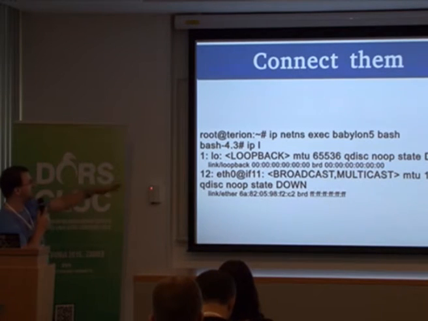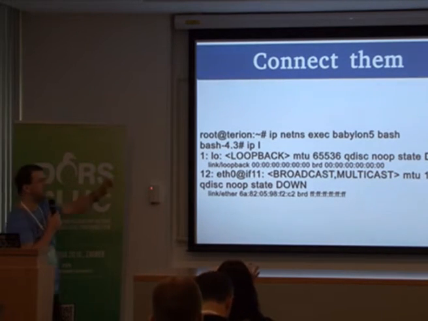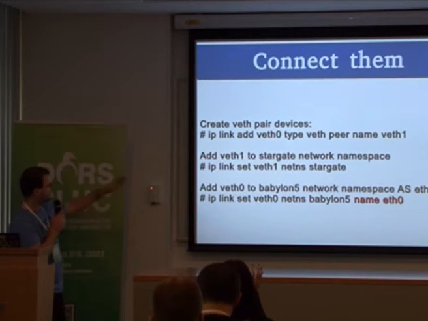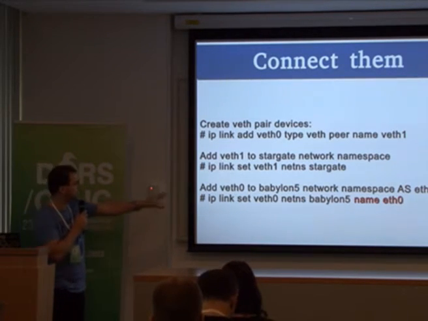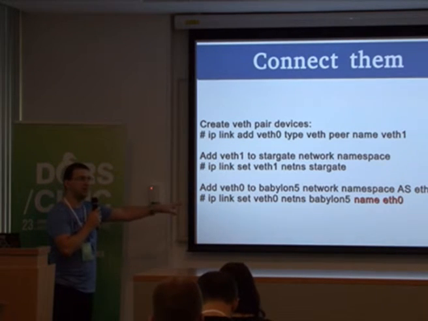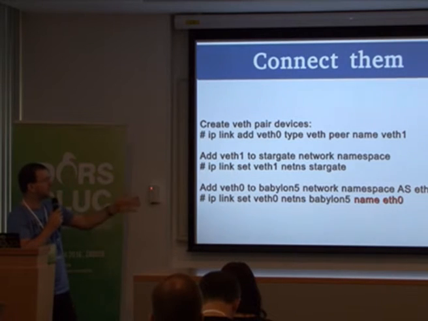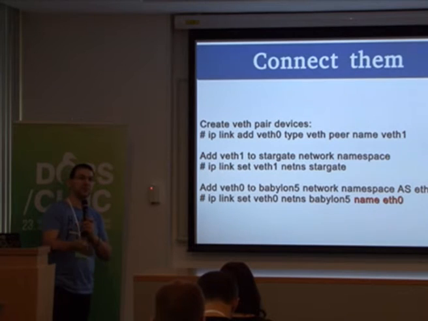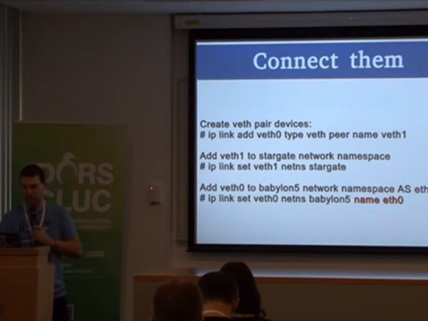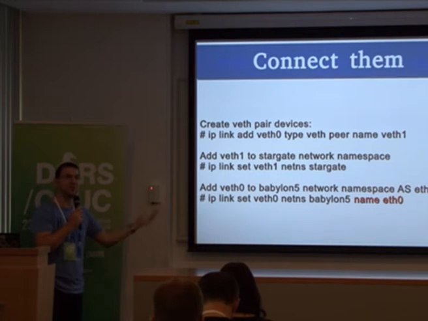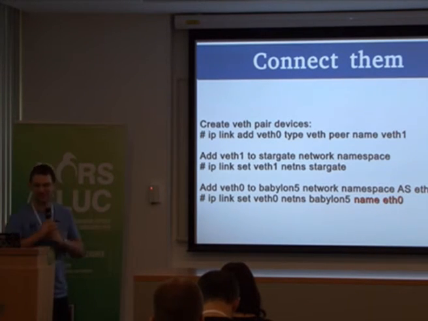While in the Babylon 5, we see ETH0. This is because we renamed veth0 when we moved it to the Babylon 5 to now call it ETH0. You can rename all of your devices on your machine with the same command, without the netns Babylon. You can change the name of ETH0 to whatever you want.